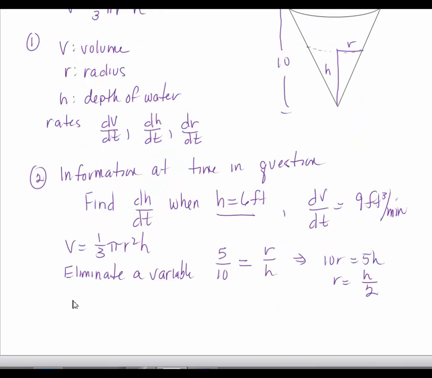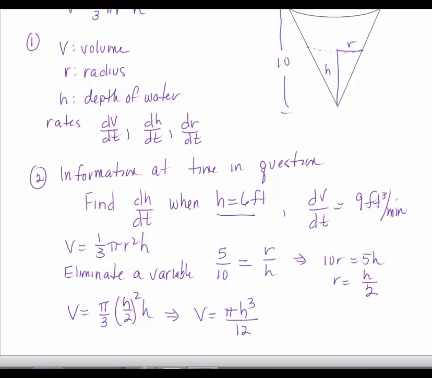Before I differentiate each side with respect to t, I want to rewrite this as V equals, instead of 1/3 pi, I'll write pi over 3, times R, which is H over 2, squared, times H. So V is going to equal pi H cubed over 12.